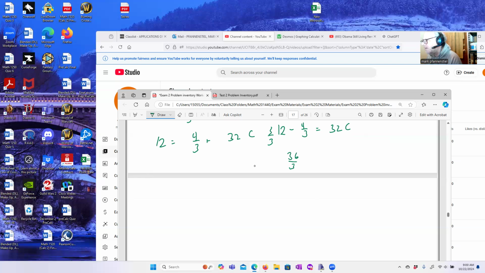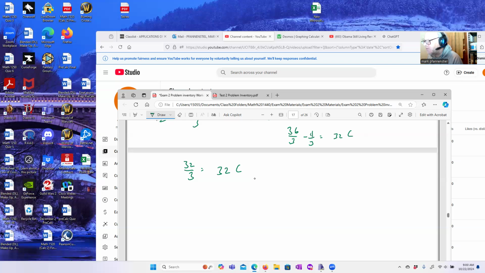That's 36 minus 4 over 3, which is 32 over 3, equal to 32c. Divide both sides by 32, and that cancels out. So c is equal to 1/3.